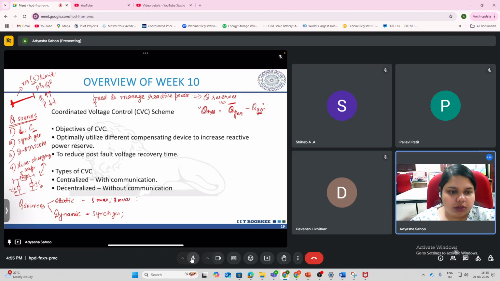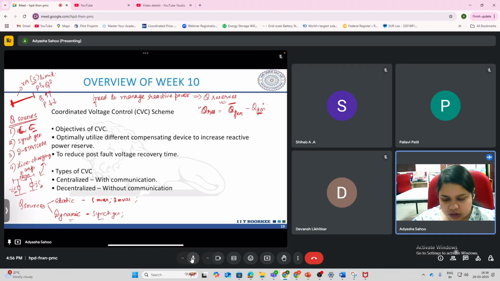But if I want something like 5.5 MVAR, it is difficult to extract 5.5 or 6.3 from the combination of L and C. It will depend upon their rating. But in the dynamic sources, where you have synchronous generators and so on, it allows smooth control of reactive power over a range. You can get whatever reactive power support you want from them.